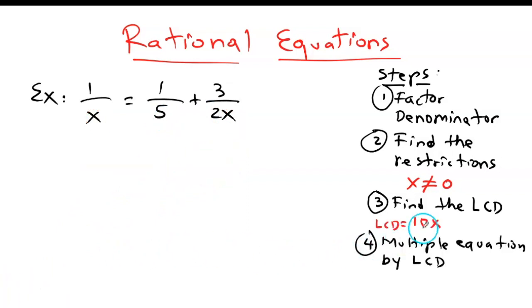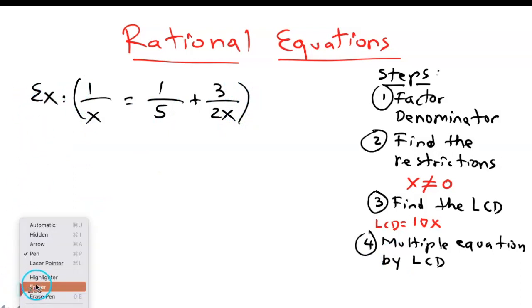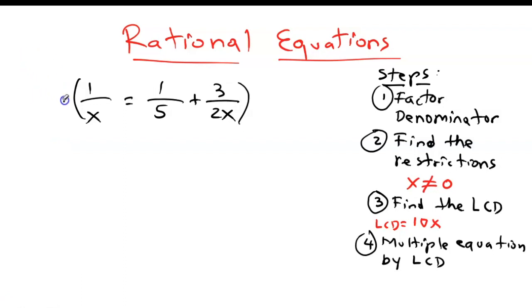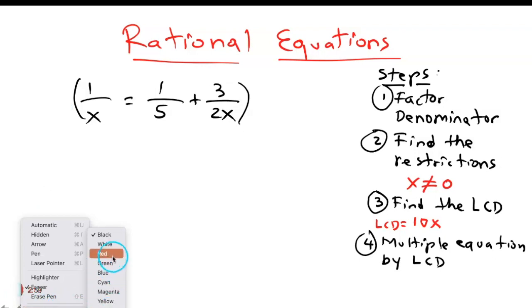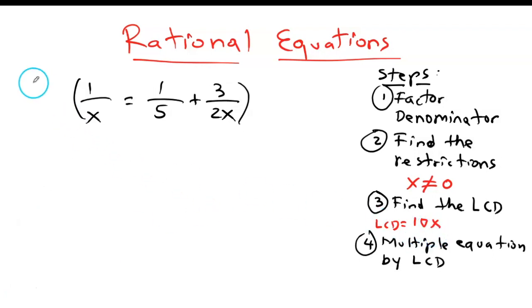My next step, once I find the LCD, is to multiply the whole equation by the least common denominator. So here we go. So let's multiply this whole thing. Let me erase this x. Okay, I'm multiplying the whole equation by my common denominator. So 10x, 10x.